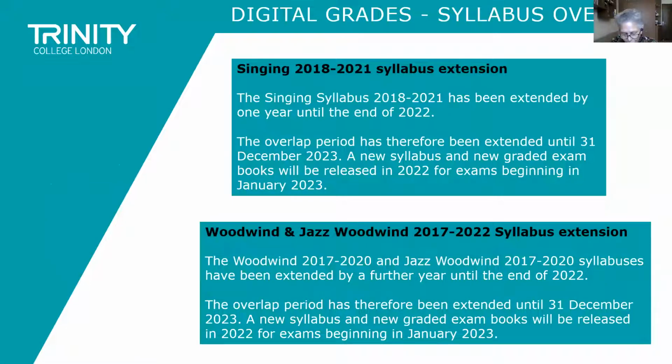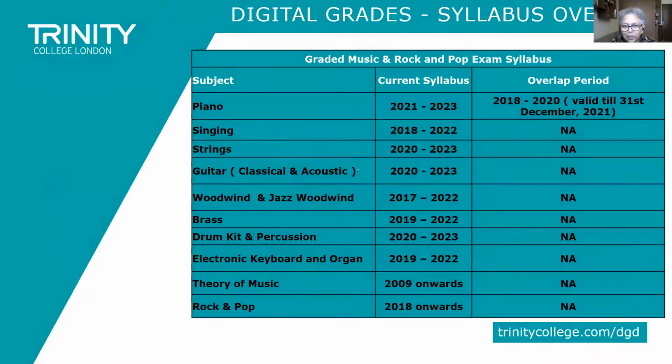So if we go back to the slide before that, piano, I'd said this last time also, but I'll say it again because there may be different people. The old syllabus overlap finishes on 31st December. The pieces are still available in the new syllabus.